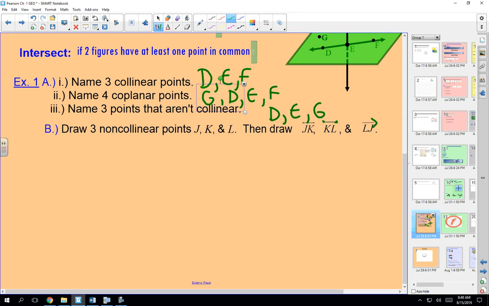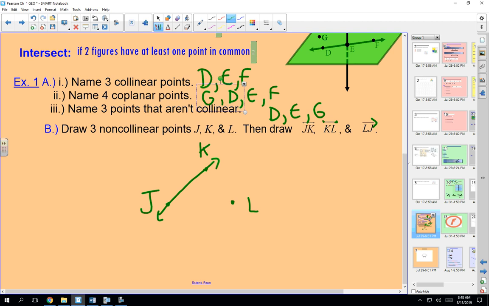Is that right? So we're going to go ahead and draw J, K, and L that are three non-collinear points. So here's J, here's K, here's L, and we're going to leave the arrows on JK. We're going to draw a line through JK, with arrows on each end. And then you're changing KL to just a segment.